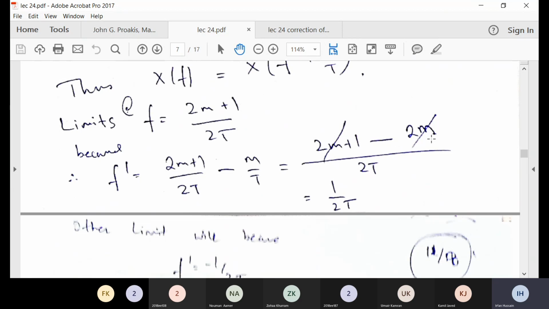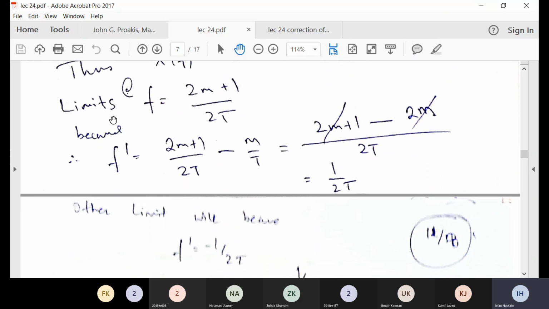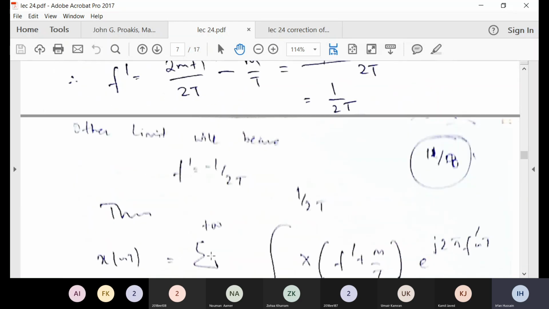This becomes 2m, the 2m cancels, and you can see f dash comes out to be equal to 1 over 2t. Similarly, for the other limit, which is (2m minus 1) over 2t, f dash will become minus 1 over 2t.